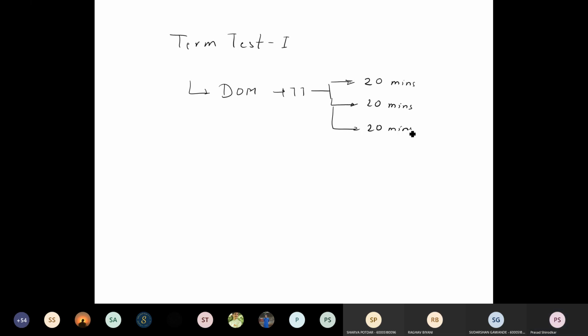There will be a block of questions for the first 20 minutes. Once these are answered, only then you will be able to answer the next block of 20 minutes. After completing the first and second blocks, you will be able to answer the third block.